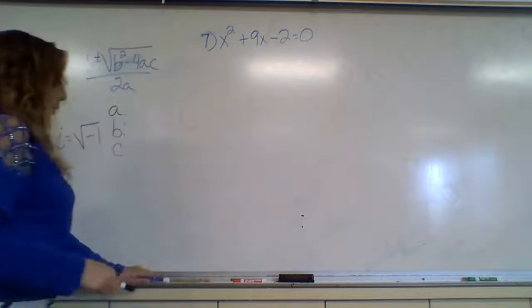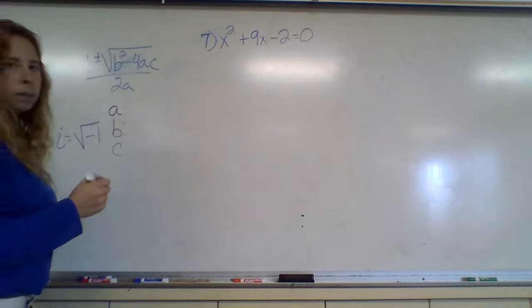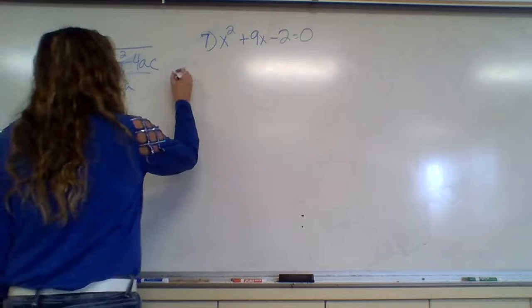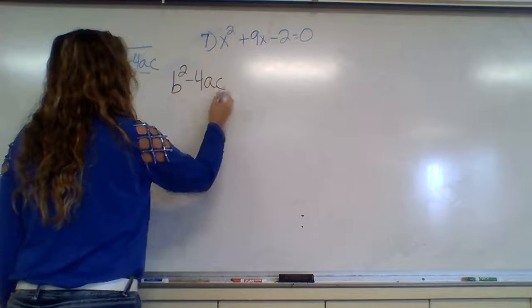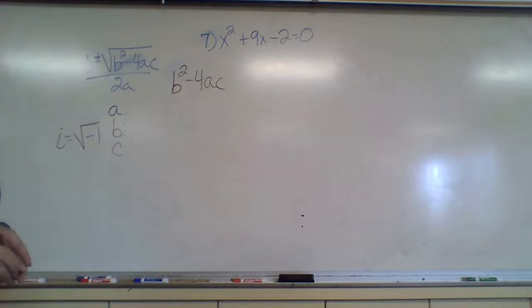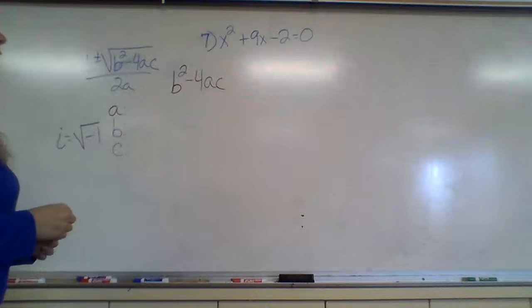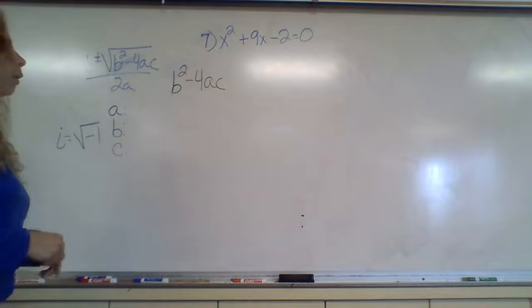Our discriminant, which is b squared minus 4ac. I'll put it right here. B squared minus 4ac. All right, when it asks you to find how many roots and classify them, you can use the discriminant.